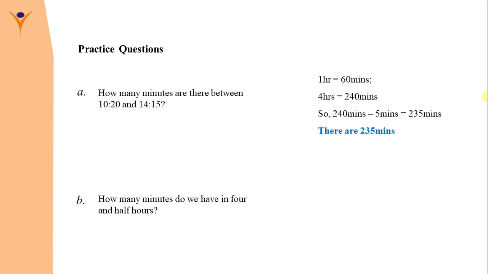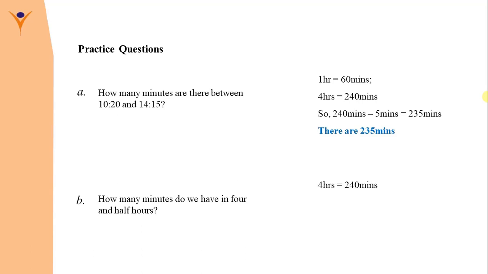Then number 2 is asking, how many minutes do we have in 4.5 hours? What you need to do is multiply 4 by 60. That gives you 240. In half an hour, we have 30 minutes. So 30 plus 240 is 270 minutes.